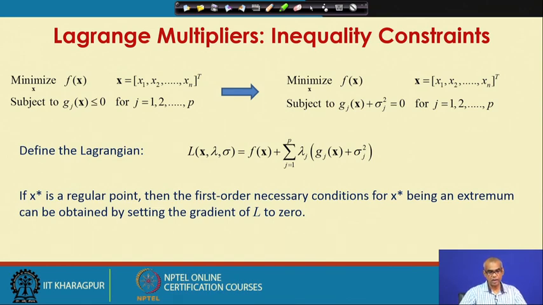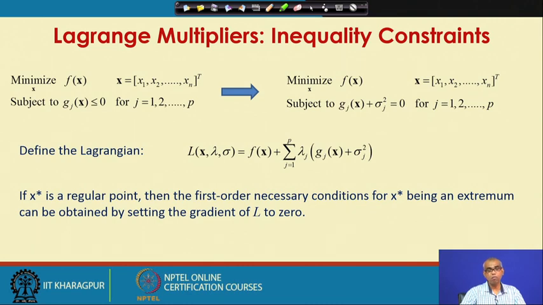Now, if x star is a regular point, then the first order necessary conditions for x star being an extremum can be obtained by setting the gradient of L to 0. So, you can take the gradient of L with respect to x, that means the decision variables, and set that equal to 0.